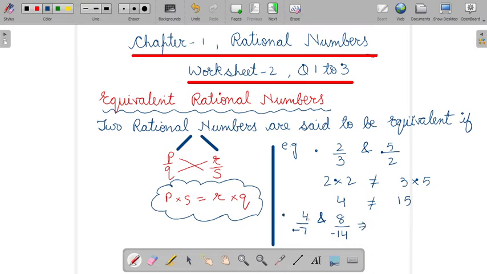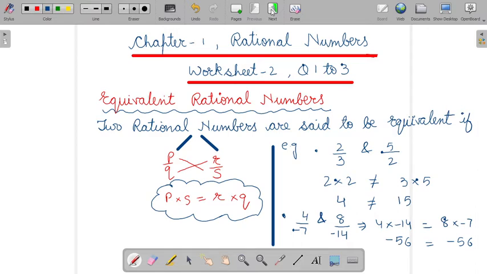If we do the cross multiplication, 4 multiply minus 14 and 8 multiply minus 7, and both of them come out equal, then it will be equivalent. In this example, after the cross multiplication, both of them are coming as equal. So therefore, 4 upon minus 7 and 8 upon minus 14 are equivalent fractions.